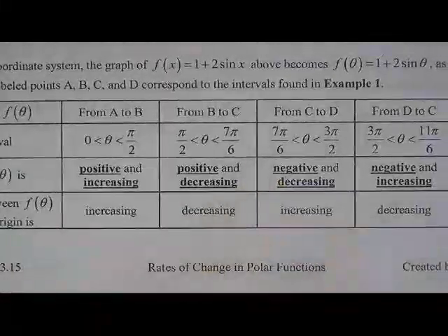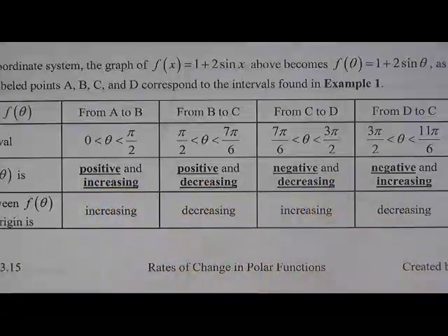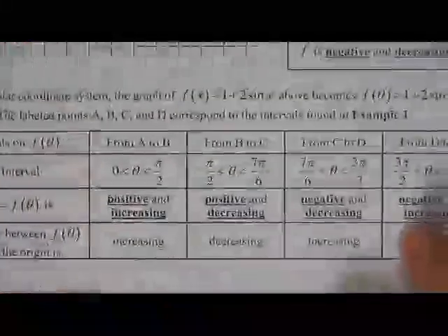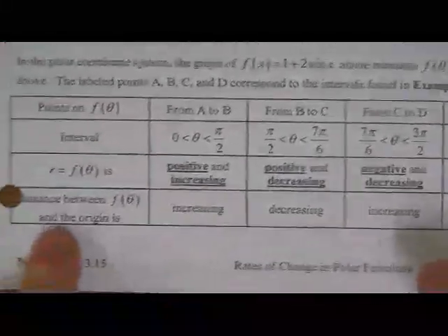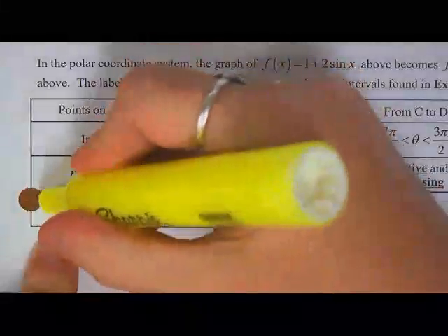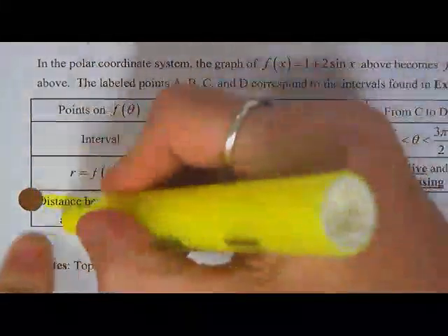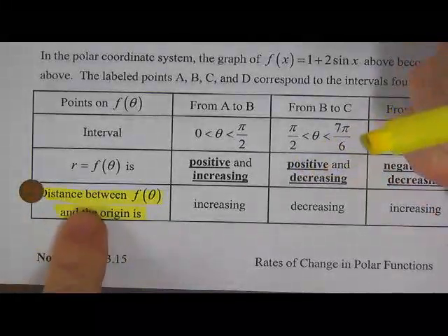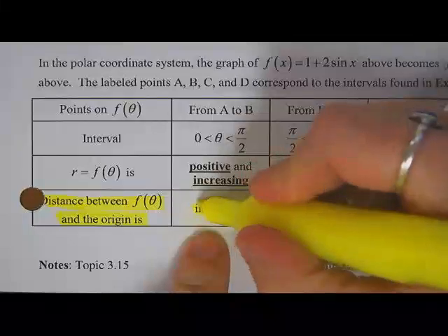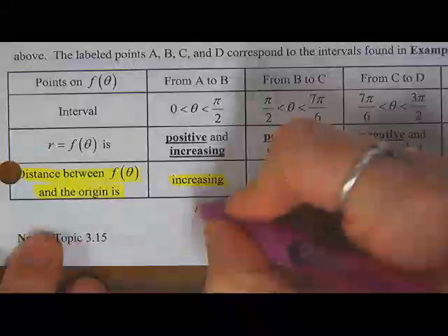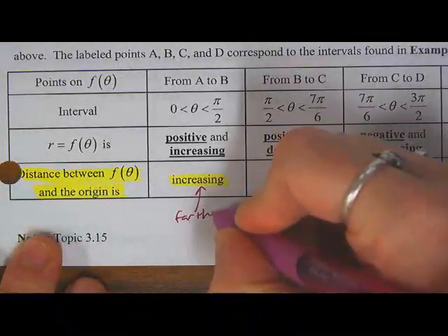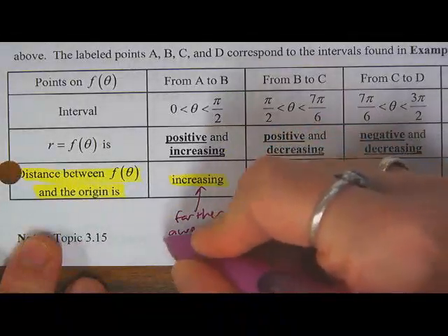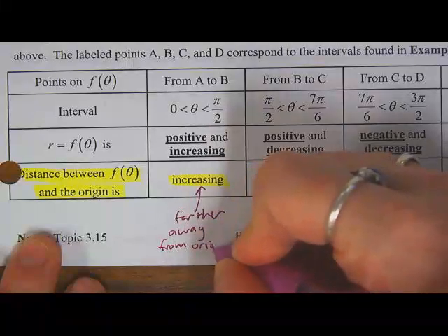You do not have to memorize all of these bold, underlined words. If you can see it in a rectangular plane, you're going to know. Look at how this is worded though. The distance between the function and the origin, increasing means you're getting farther away from the origin.